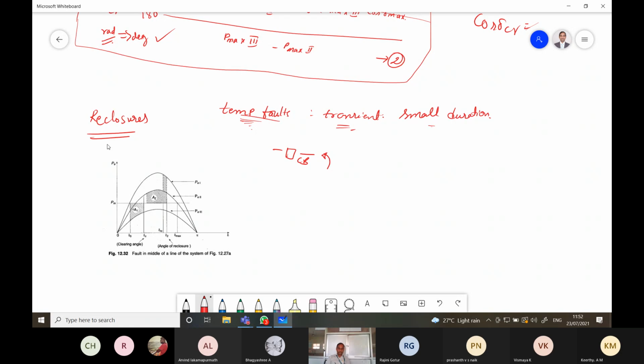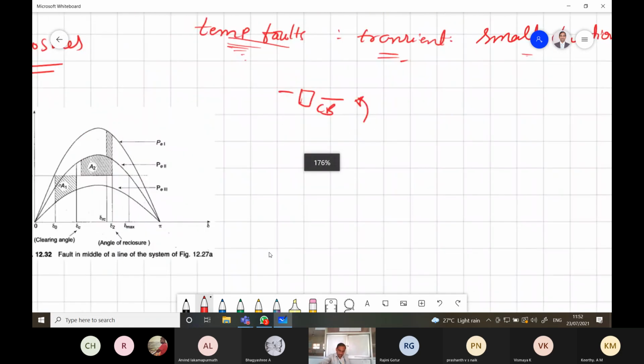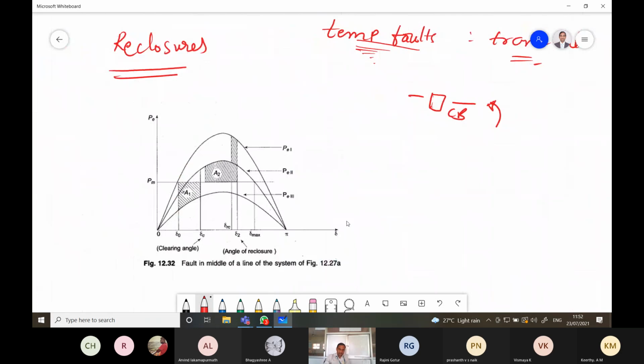That is called auto reclosers. So when you use auto reclosers, what happens to your curve? Compared to the previous curve, PE1 is under normal condition, and this is PE3 and this is PE2.